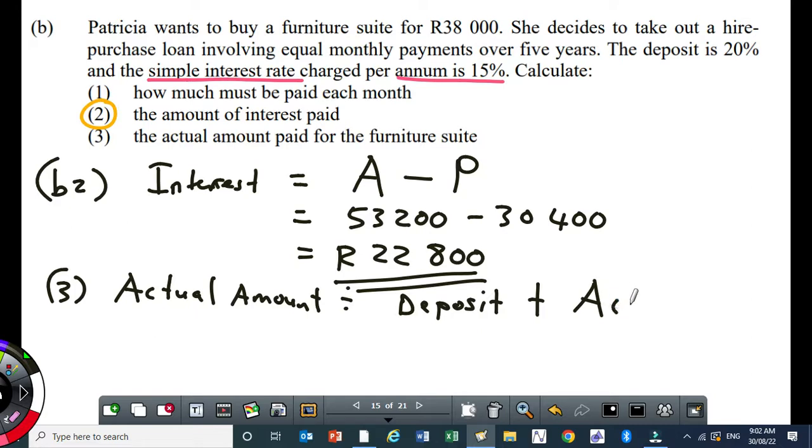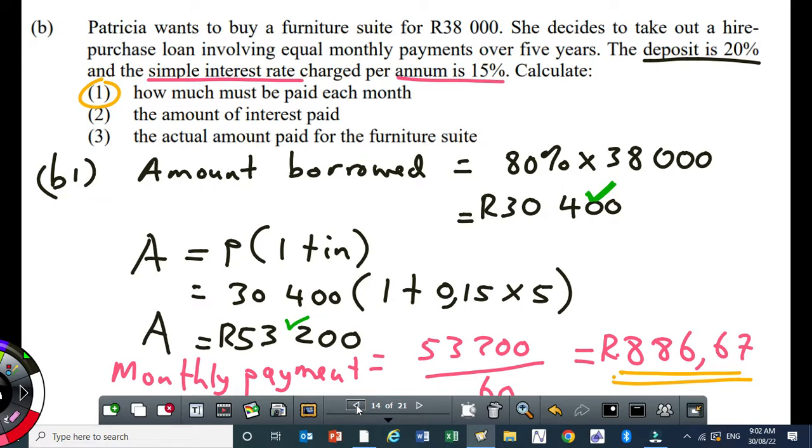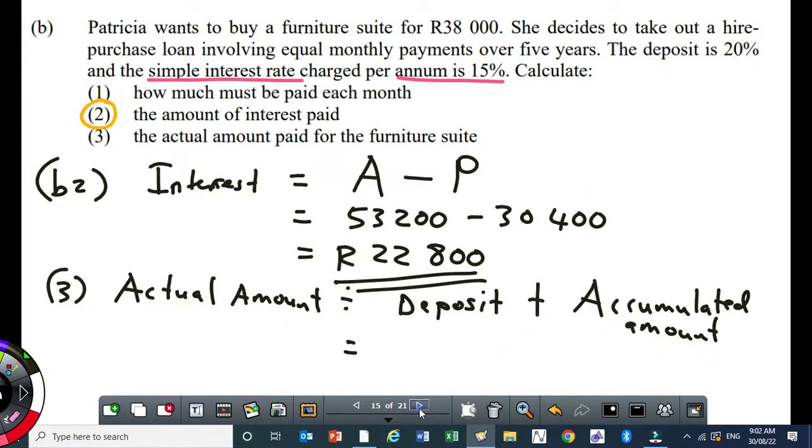Let's call it the accumulated amount. If you subtract 30,400 from 38,000, you get 7,600. Am I right? So the total amount paid will be 7,600 plus the 53,200.